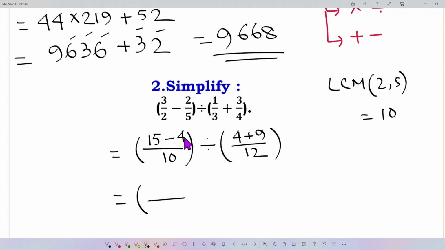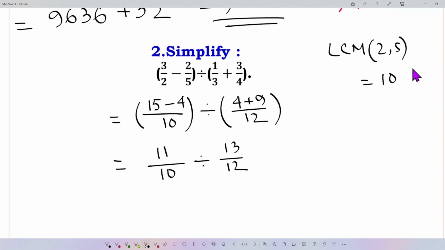Now 15 minus 4, it will be 11, divide 10, no need for this bracket, divide 4 plus 9 is 13, divide 12. Now 11 divide 10, fraction divide fraction, so the next fraction will be flipped.